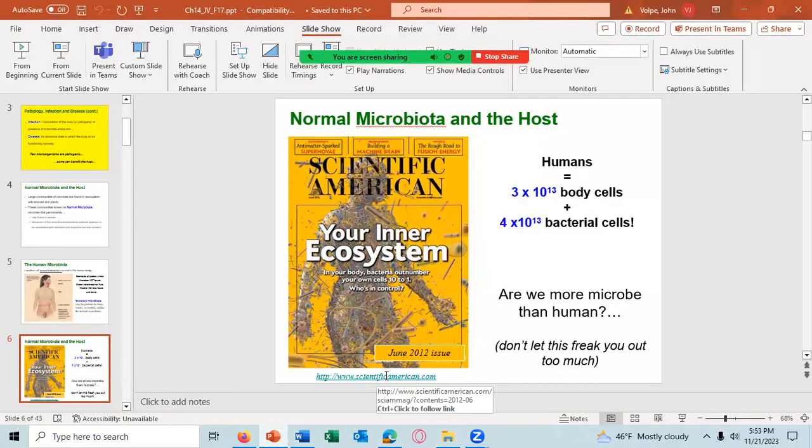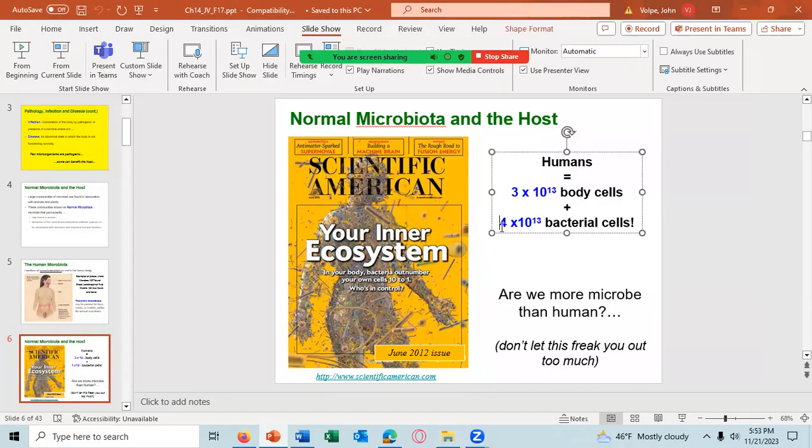The point being is we have about 10 times, it's not exactly 10 times, so it is slightly different. I did change it. And that we have more than 10 times the bacteria, no, it's not a 13, 14. That is slightly more bacteria cells than we have human body cells. So they've actually done the count now.